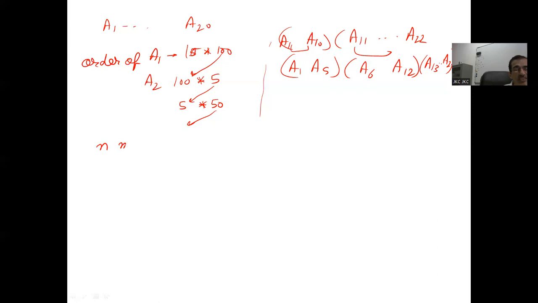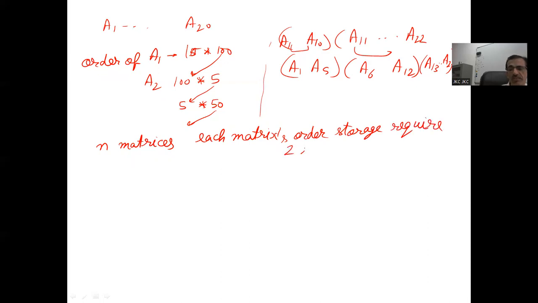If I have n matrices, each matrix order requires a storage of 2 ints. So effectively 2 into n integers needed in total, but why 2n?